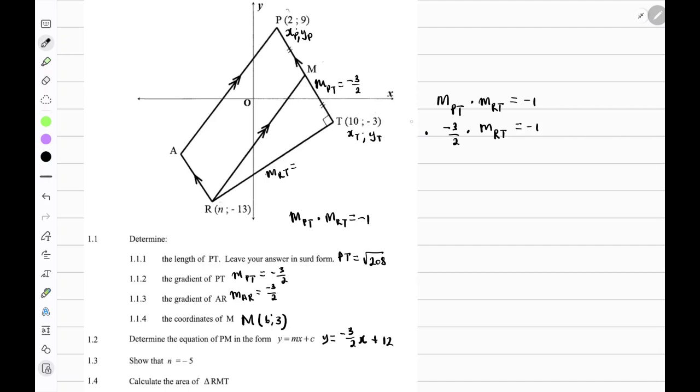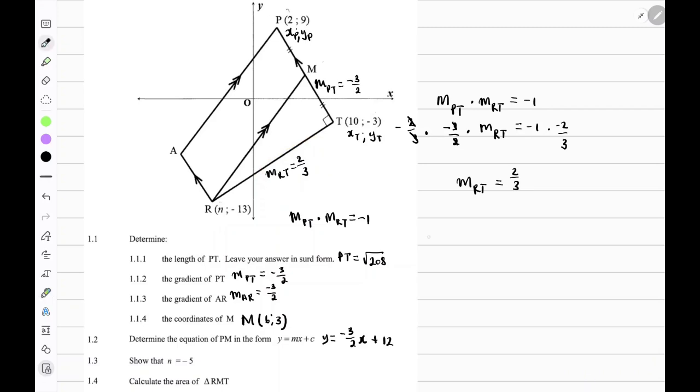So we can multiply throughout by 2 over 3, or negative 2 over 3. So this and that cancel, that and that cancel. So it means that MRT should equal 2 over 3. So now that we found the gradient, we can make a connection between the gradient and n using the gradient formula.